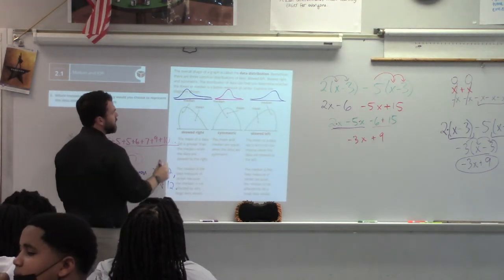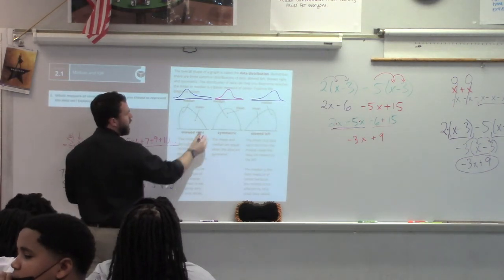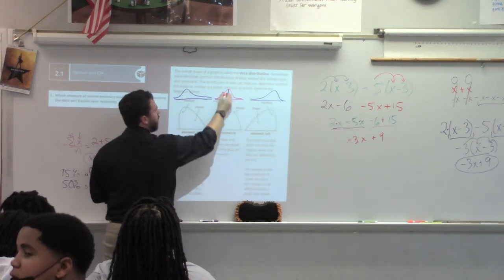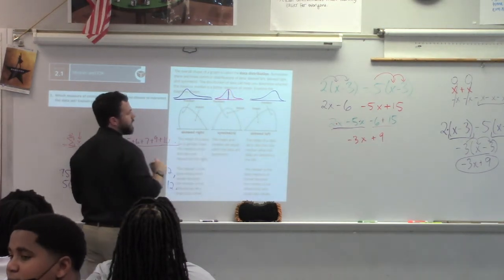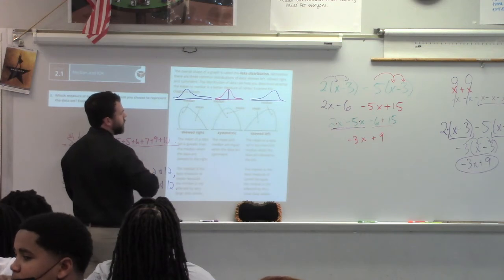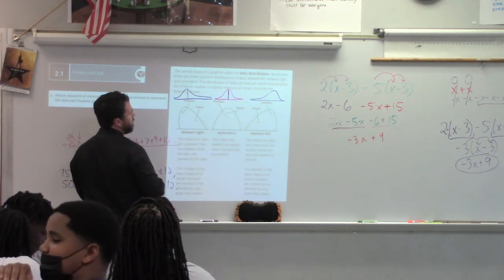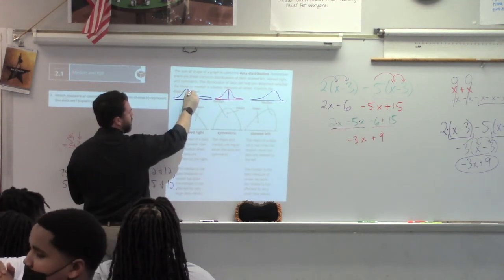Notice the same thing still holds, right? If it's symmetric, the mean and the median are going to be the same. If it's skewed right, the median might be here, and the mean is going to be pulled to the right.